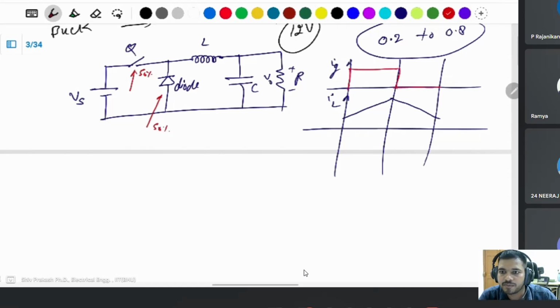Both share equally, and you can choose approximately the same ratings, the same current rating and power rating, here. But suppose you use a 0.8 duty cycle, then what happens?